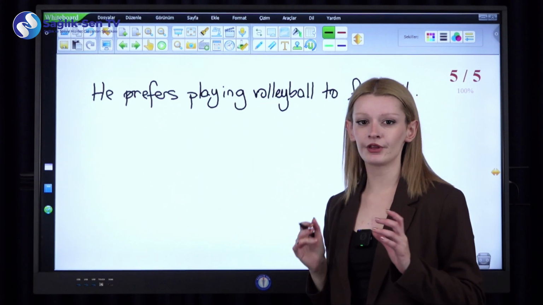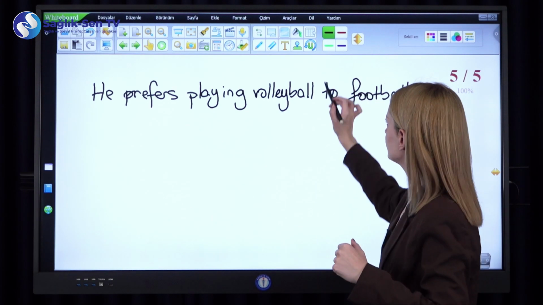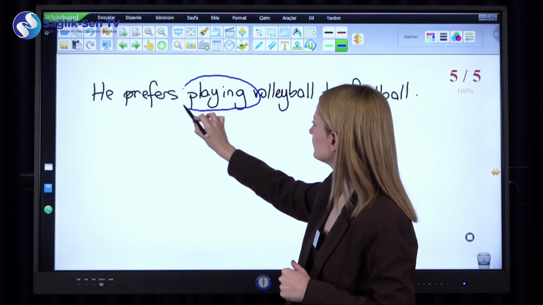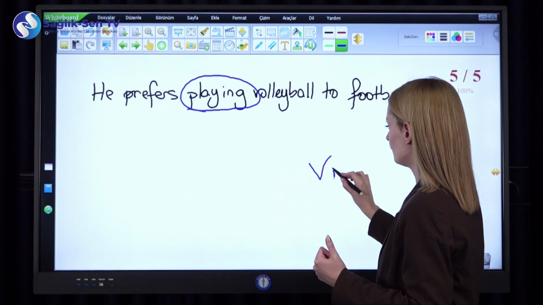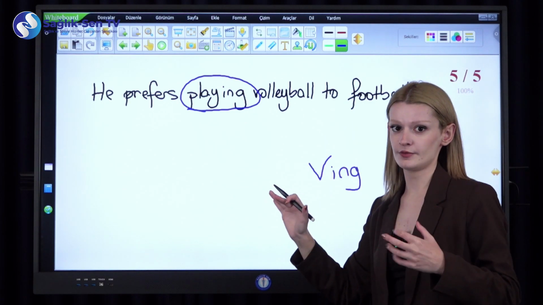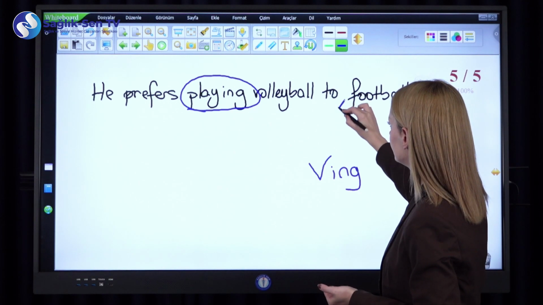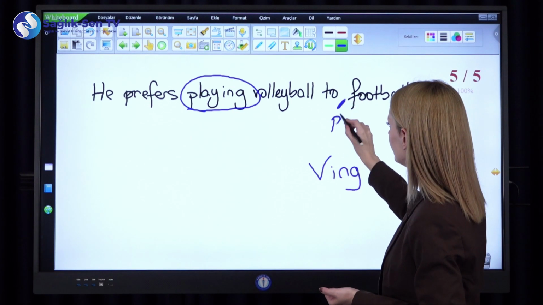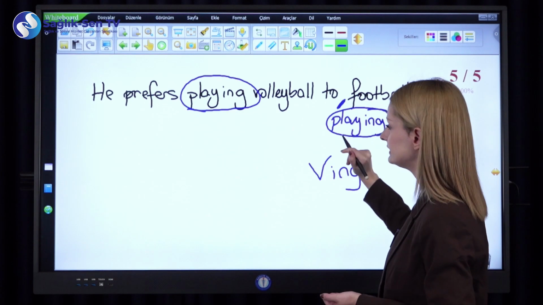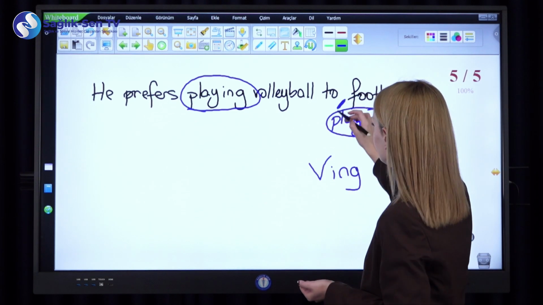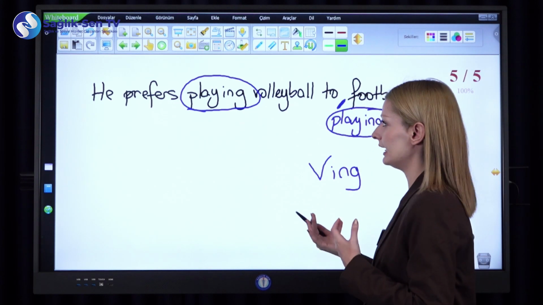We did the same thing in this example as well, because as you can see, playing volleyball and playing football are verb ing forms in these two choices. And I omitted, actually there was a playing, but I omitted it because it's the same verb ing, it's the same verb, and I don't have to use it again.